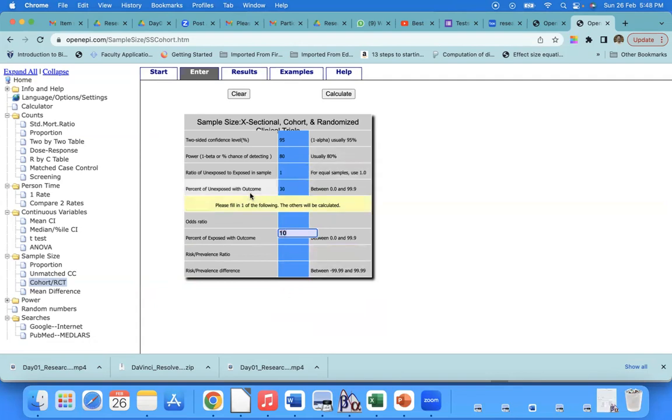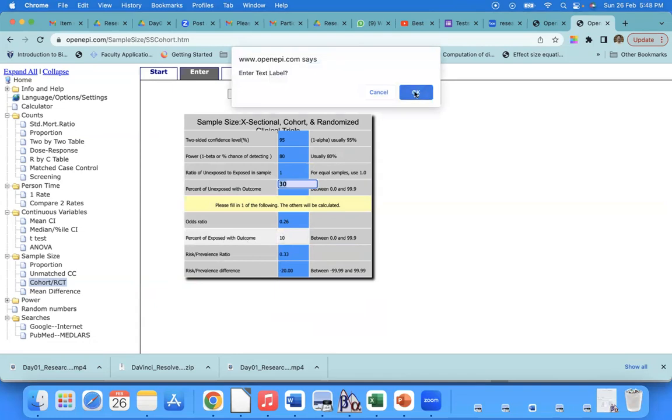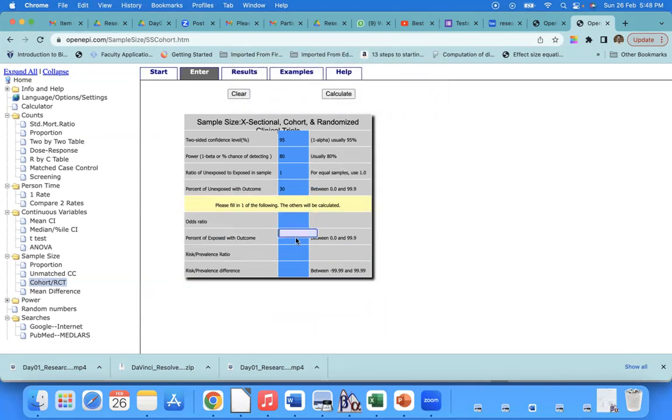You understood? Placebo group, percentage of unexposed with outcome is 30%. Percentage of exposed with outcome is 10%. The outcome will be benefit. How many will benefit.